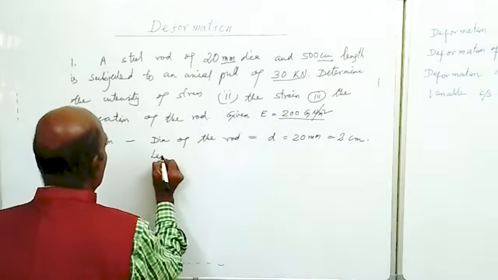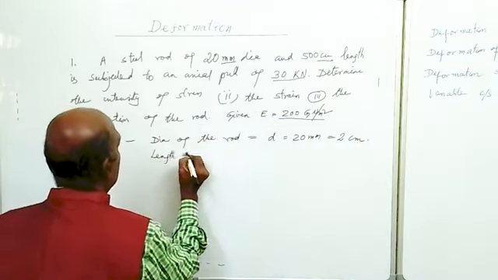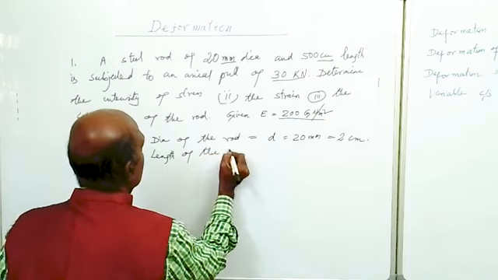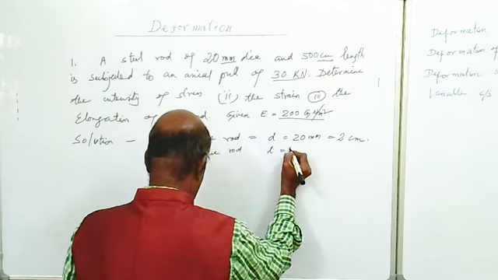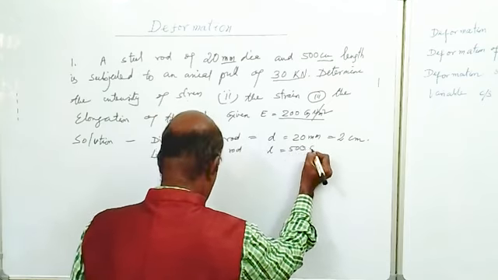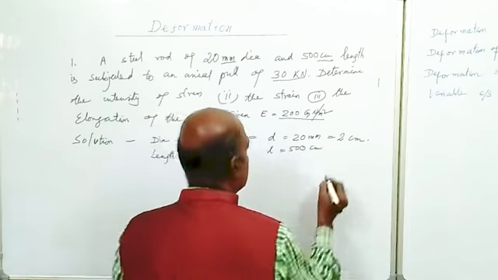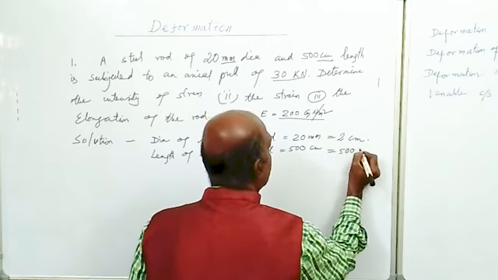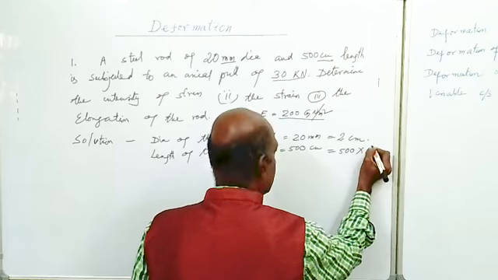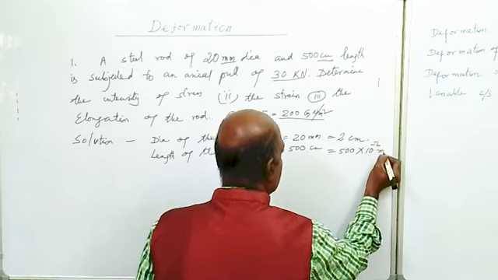Now the length of the rod is L is equal to 500 centimeter, which is 500 into 10 to the power minus 2 meter.